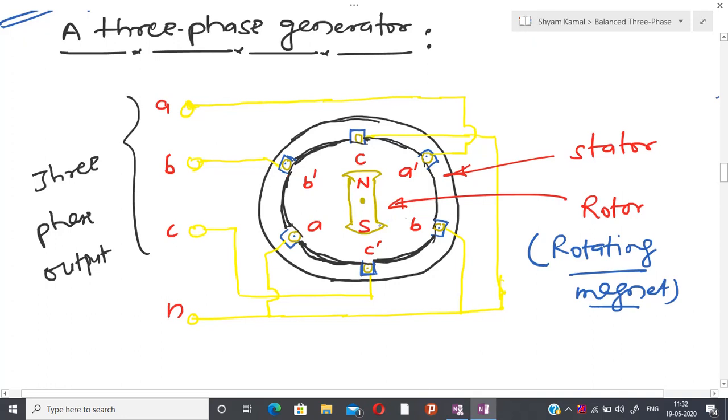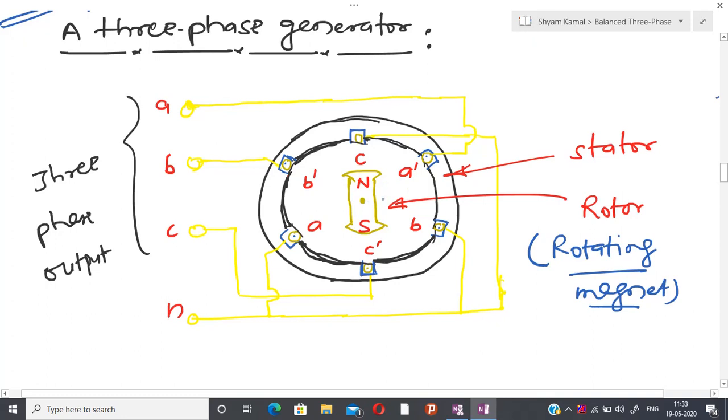During the course of electromagnetism, we have already learned that if I have some magnet and some conductor, and there exists some kind of relative velocity between the conductor and that magnet, then automatically some voltage, some kind of sinusoidal voltage, is produced.